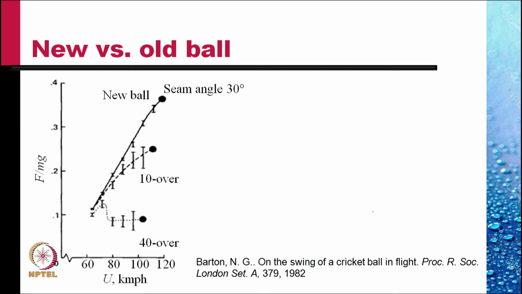And so the swing force F as a fraction of the weight of the ball decreases as the ball gets older. At about a 40-overs-old ball, you notice that the swing force is very small.